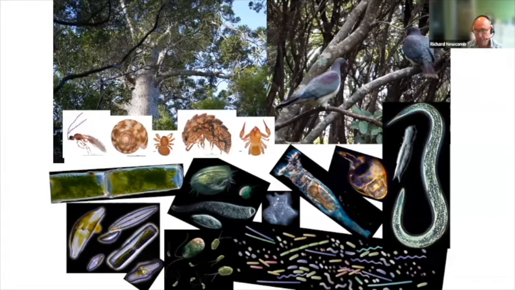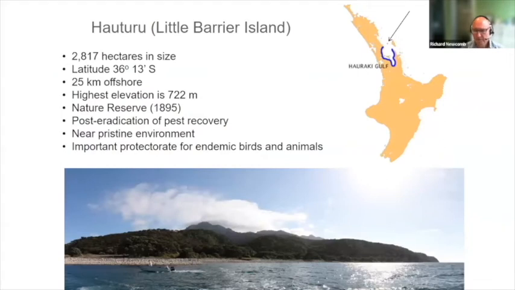So I want to talk to you about one study that we worked on a number of years ago now on an island off New Zealand called Hauturu, Little Barrier Island, where we've been applying these techniques to a whole range of biodiversity, including invertebrates and insects. This island's very interesting. It's the oldest nature reserve in New Zealand.